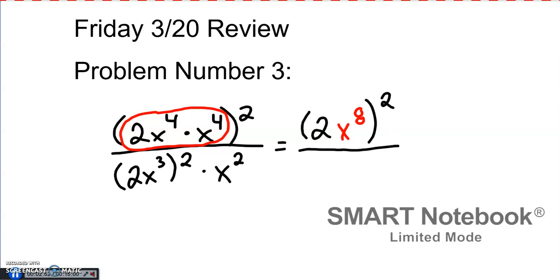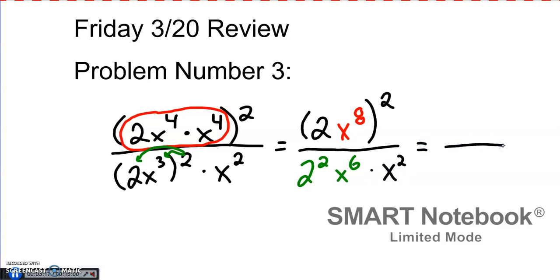I can't do anything there, but I can apply the power of a product property and distribute the 2 to both of the exponents. So I'm going to have 2 to the second times x to the 6th, because 3 times 2 is 6, times x squared.